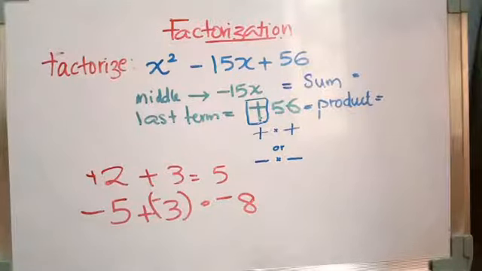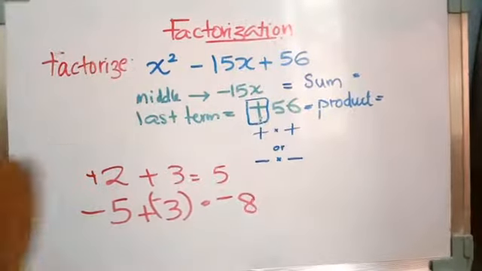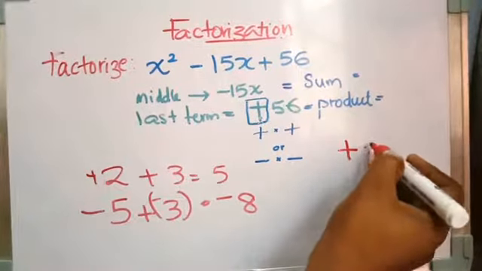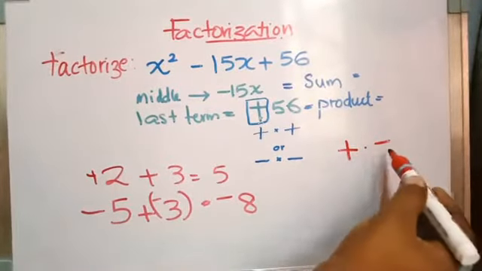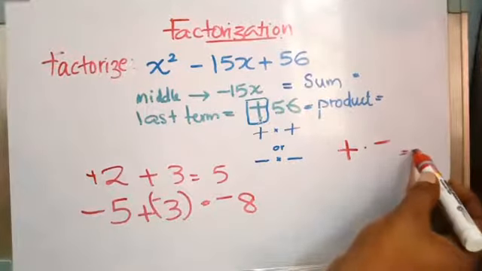But sometimes the product will be negative. When the product is negative, it is only because we multiply two different signs: if you multiply plus into minus, we get the result as minus.